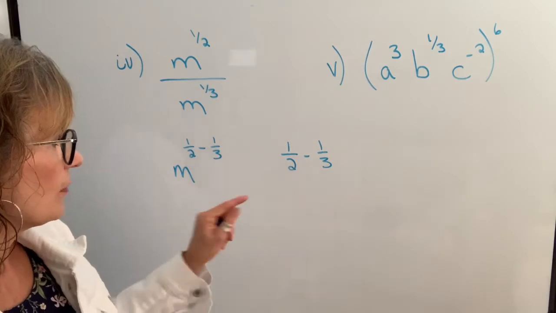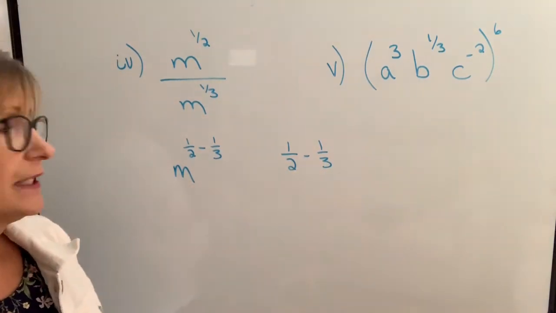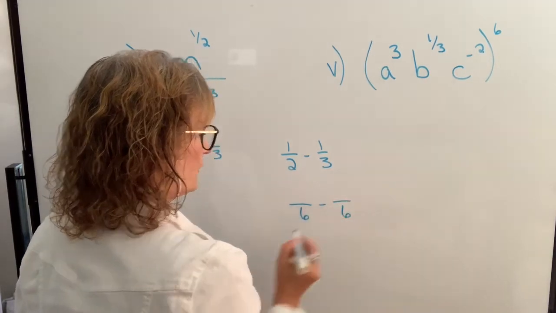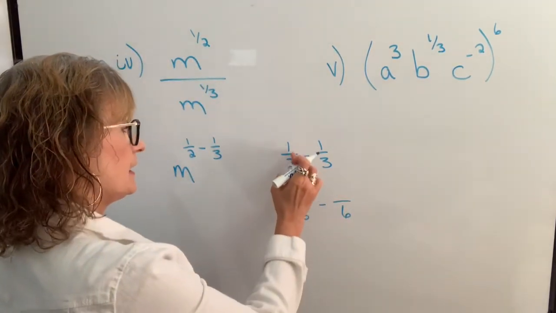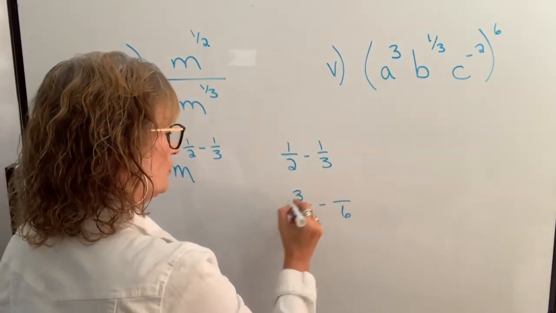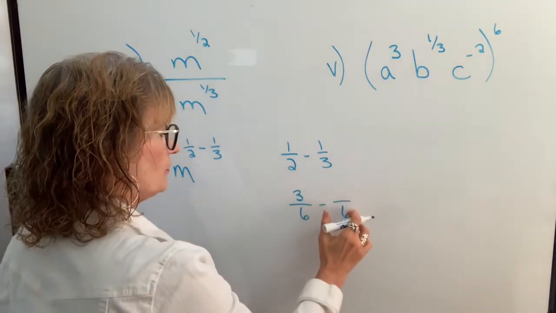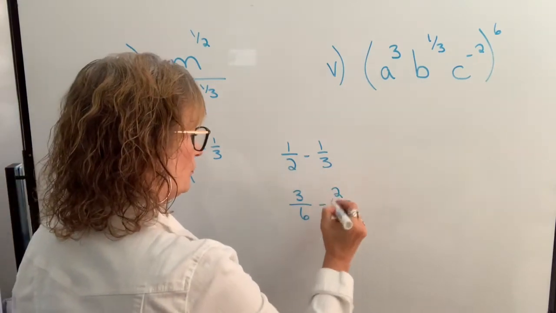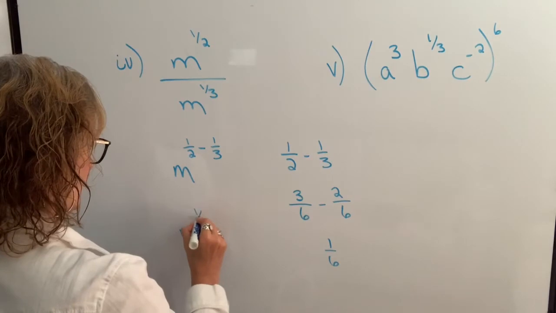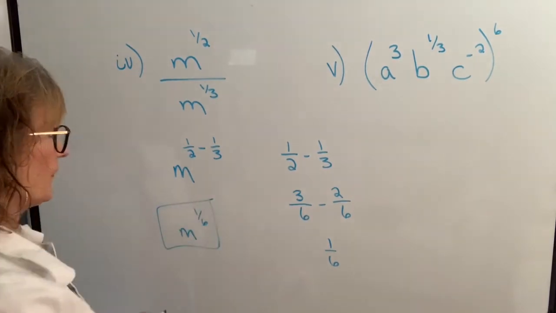You look for your lowest number that both of these numbers divide into. In this case, it's 6. So we write equivalent fractions with 6 as the denominator. The equivalent fraction here, I multiply by 3, do the same thing to the numerator. I multiply the denominator by 2 to get 6, I do the same thing to the numerator. 3 minus 2 is 1, so my result is m to the 1/6. All right.